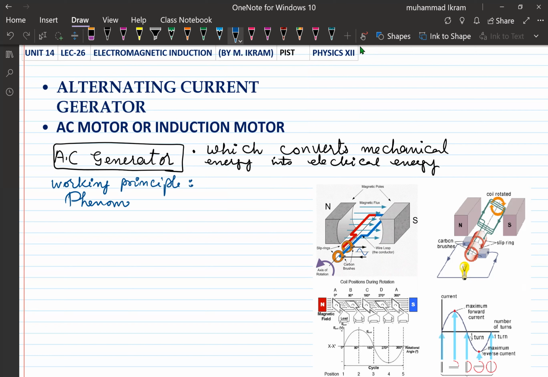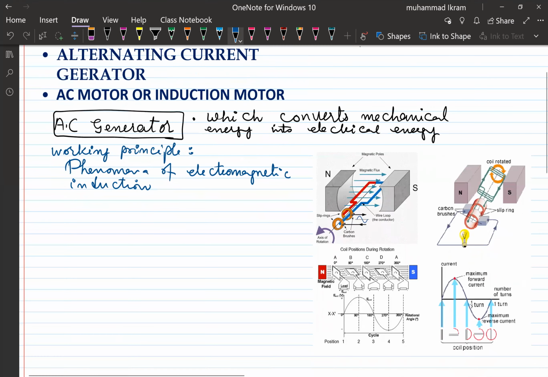Whenever there is relative motion between a magnet and a coil such that there is a change of magnetic flux, then induced EMF will be generated.